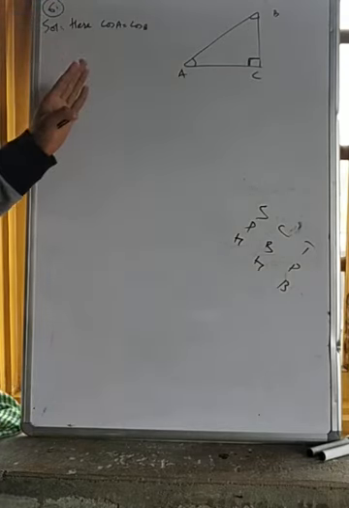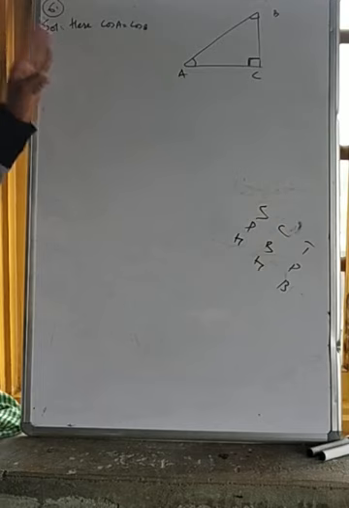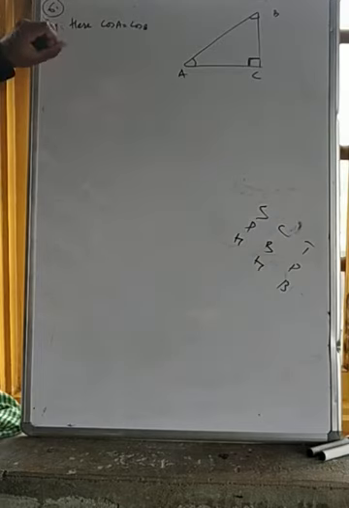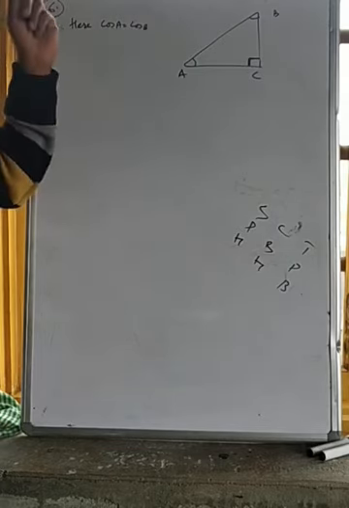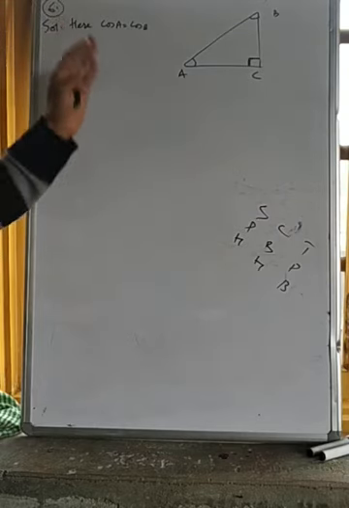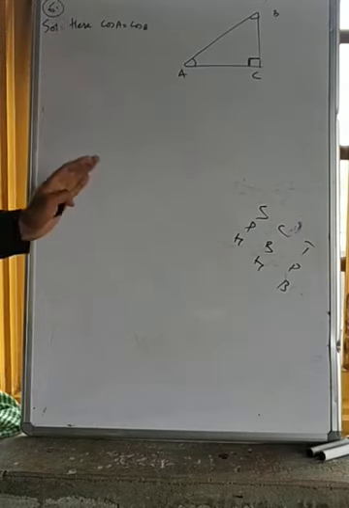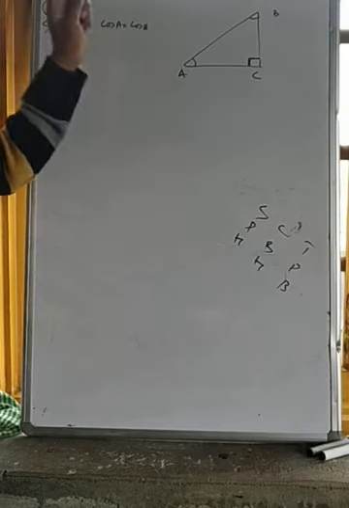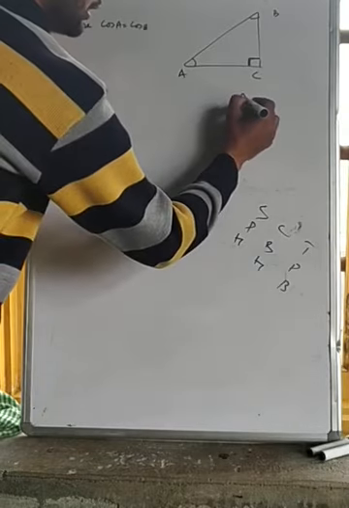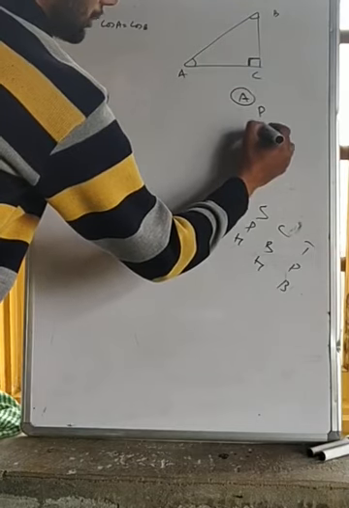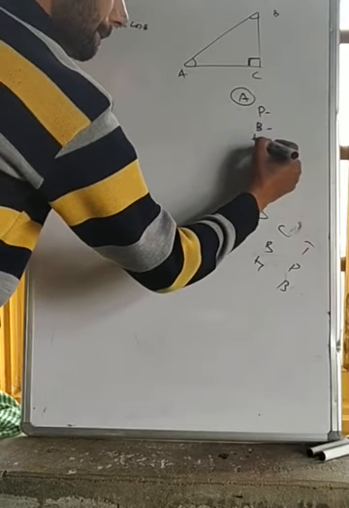For this question, the angles which we are talking about are A and B. So we have to keep angle A updated with its perpendicular, base and hypotenuse. And similarly for angle B, its base, perpendicular and hypotenuse.